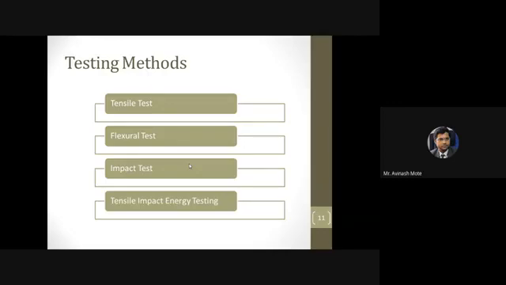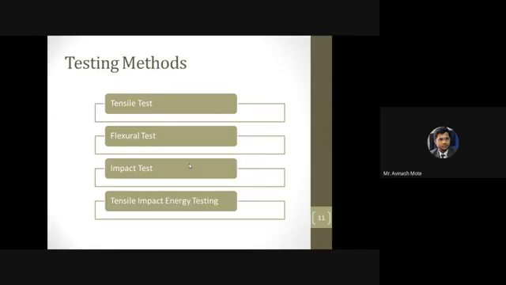If I am going to use the plastic for food packaging, as a PET bottle for carrying a cold drink or water, then the need is not strength, the need is the chemical behavior of the plastic. If I am going to use the plastic for heating applications where the thermal exposure is more, then the heat test is important. Like a creep test, that is important for me.